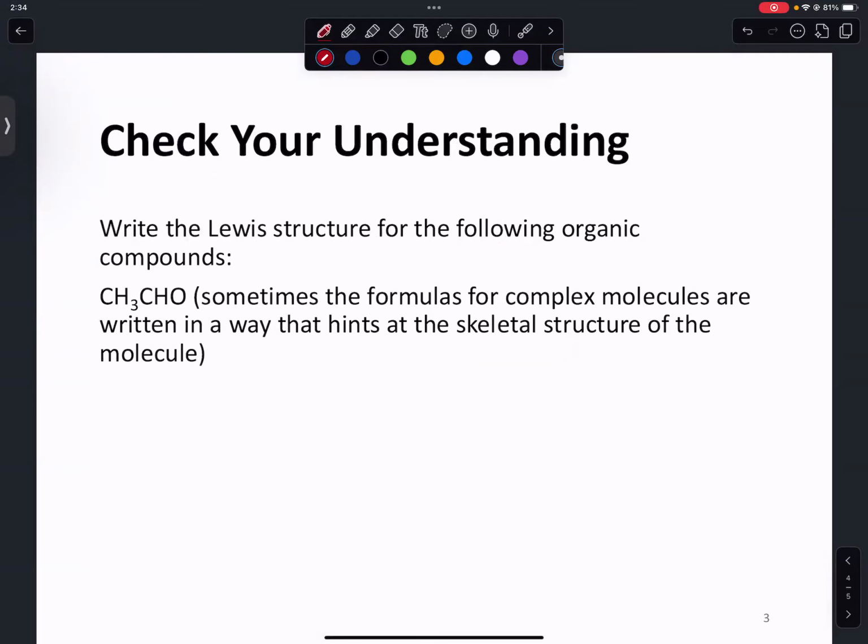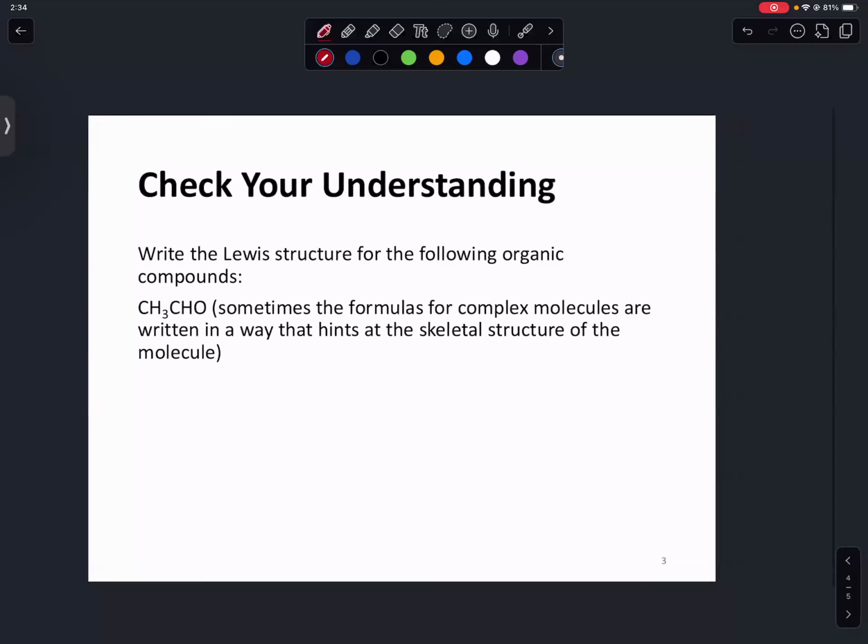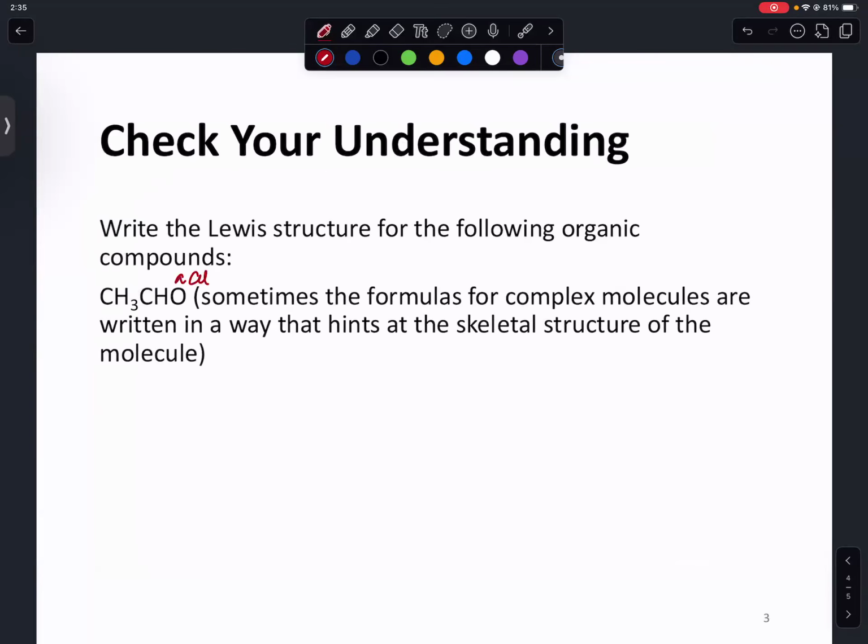Let's start with a simple example right here. You're not required to know the name of this molecule, but it is called acetaldehyde, and it has this structure right here. Sometimes, especially in this course with these complex structures, the skeletal and Lewis structure will be drawn out as the formula is written.